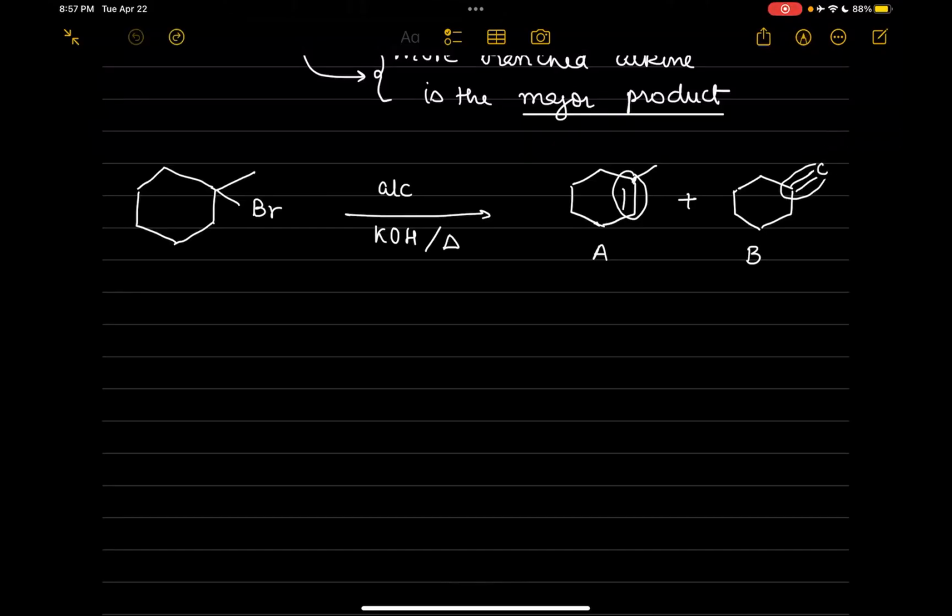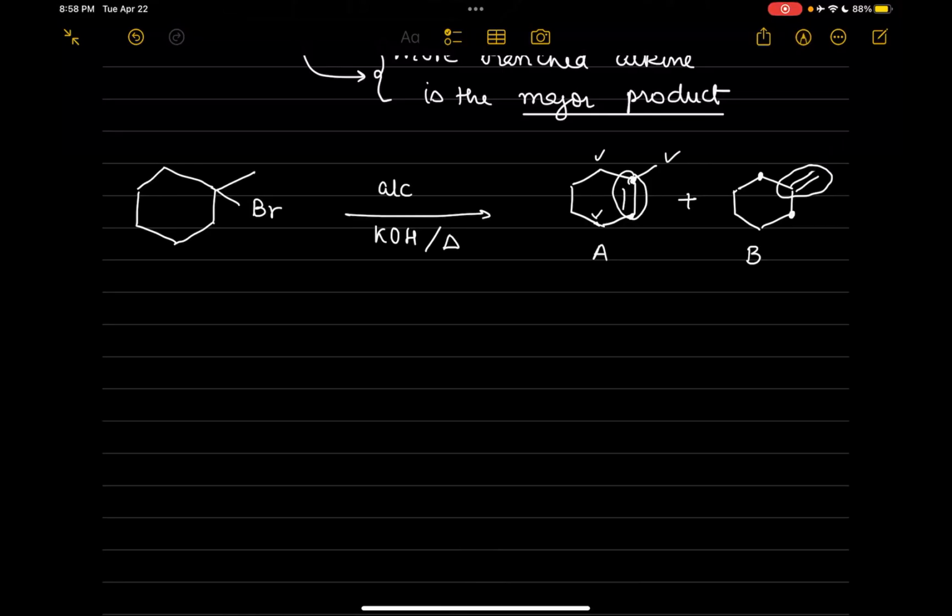Clear or not? So basically this is an alkene, but this is having two carbon-carbon groups. One is this carbon, one is this carbon. It is a di-substituted alkene. And if you compare this alkene, there are three carbon containing groups.